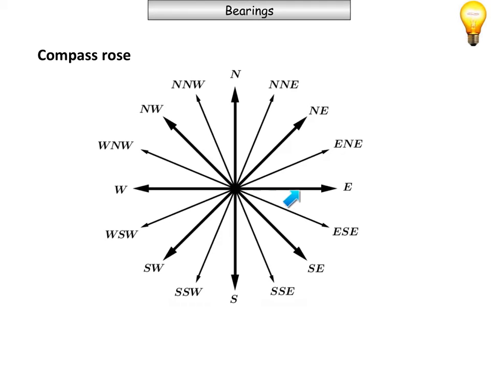So if this is 90 degrees, this one will be half of 90 degrees, which is 45. So in between here is 45 degrees. So if this is 90, 45 plus 90 is 135.